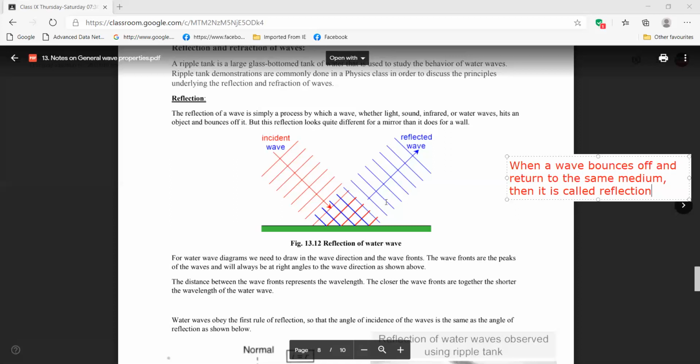So your labeling and writing is done. Then you write some other information.